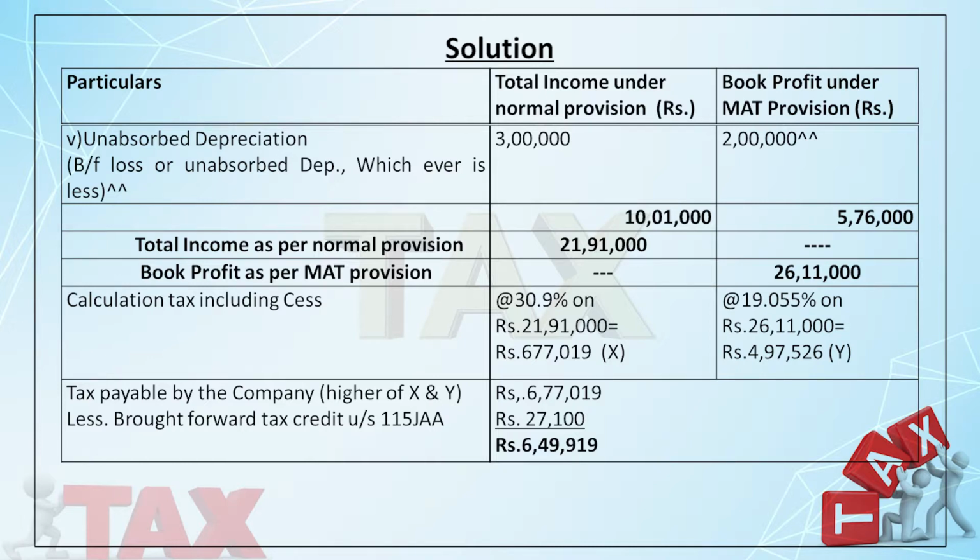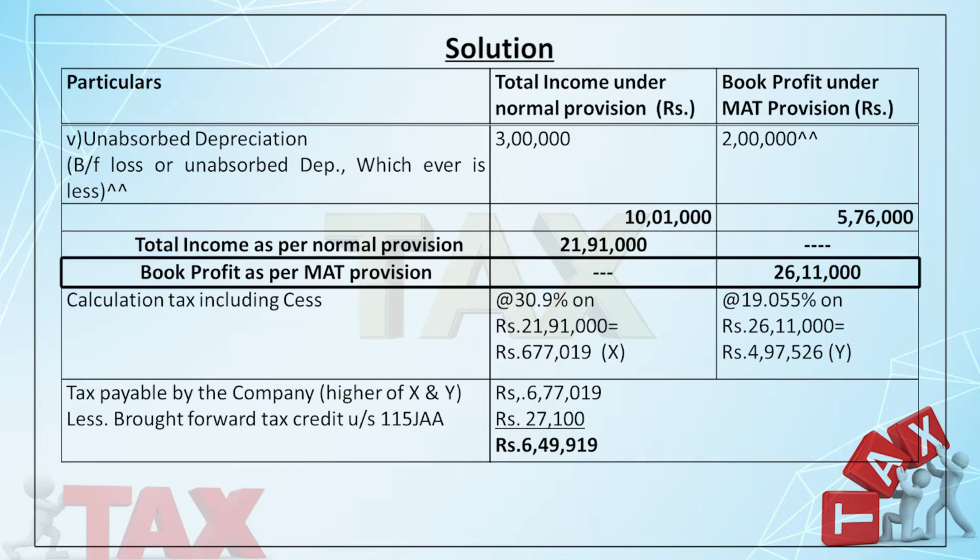But in case of calculation of taxable income under normal provision, we have considered both items, brought forward business loss and unabsorbed depreciation. But in case of book profit, only the unabsorbed depreciation or brought forward loss, whichever is less, will be deducted.